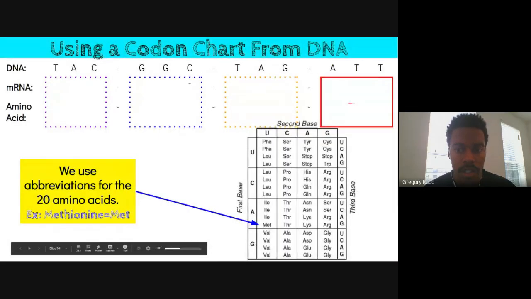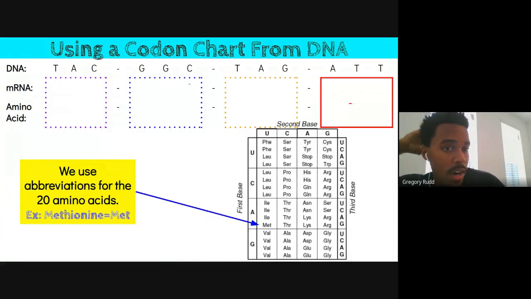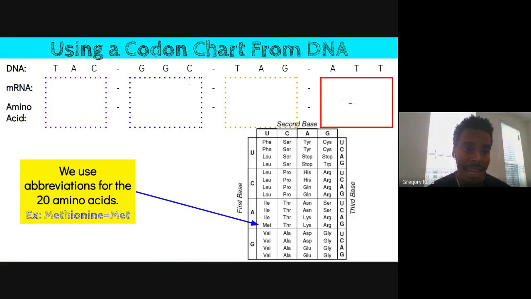So you're going to transcribe from DNA to mRNA first, and then you're going to translate from mRNA to amino acid second.